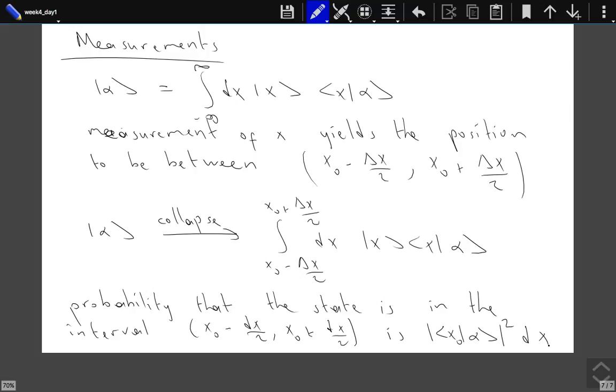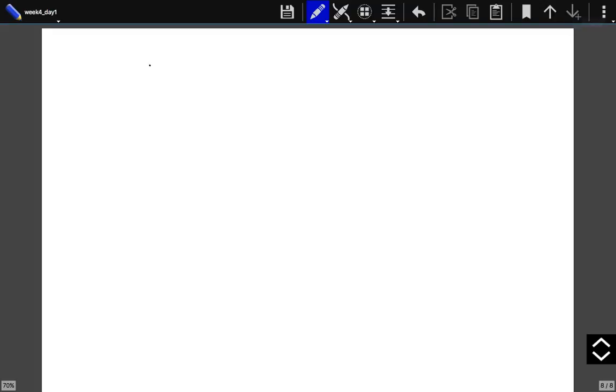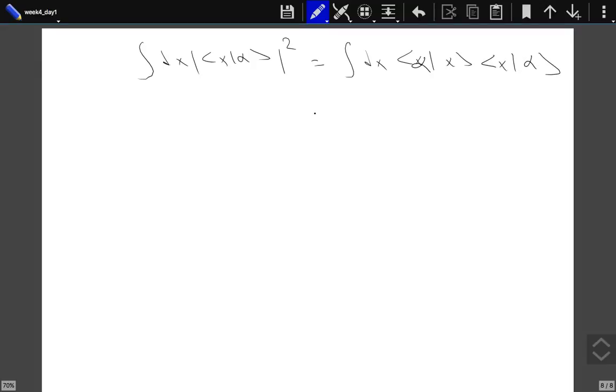And if you integrate it over an interval, well, you see, this is the integral dx <alpha|x><x|alpha>, which is equal to <alpha| the integral dx |x><x| |alpha>. This is the identity operator.